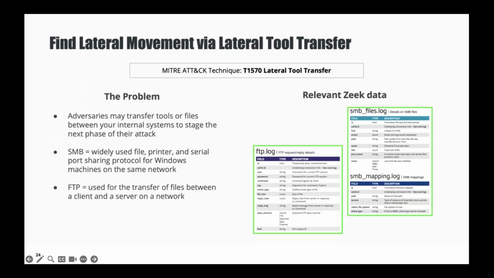So lateral tool transfer is the MITRE ATT&CK technique 1570. And the problem we're looking at here is that we have a lot of file transfers going on in a normal enterprise environment, right? And an attacker needs to move this around, and they can, for instance, use some of the already available tools and protocols that are in there. So that might be SMB, which is a Windows protocol, which is widely used for printers, for file shares, for many things within a Windows environment.